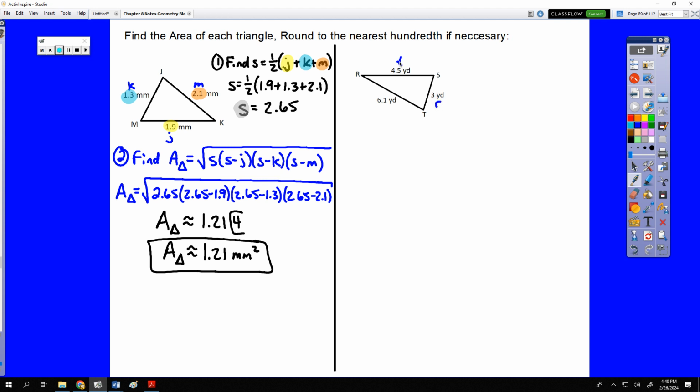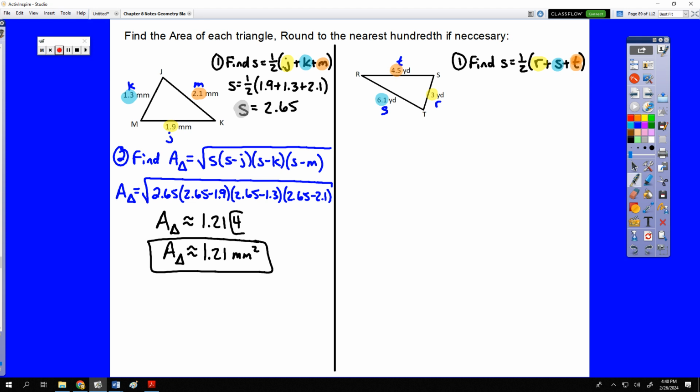Little r, little t, little s. Again, step 1. Find the semi-perimeter, which is 1/2 the sum of the 3 sides, r, s, and t. It does not matter which order you write them in. You need to add them up, and you need to divide by 2.